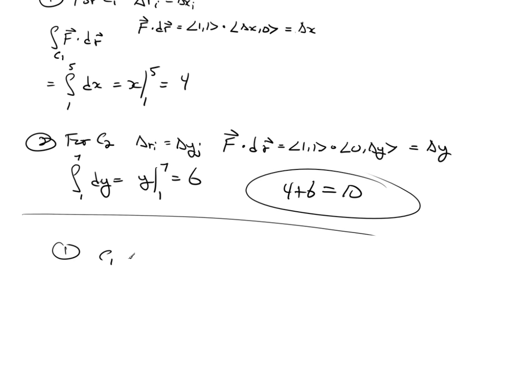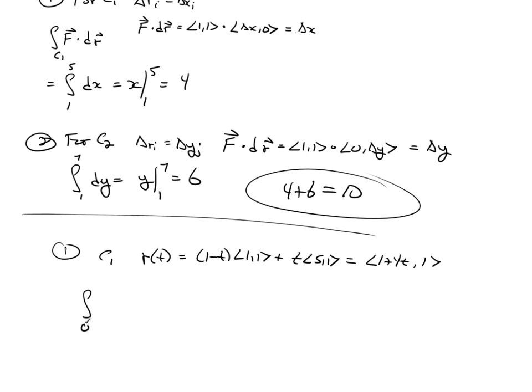So with C1, notice that r of t, I'm going to parameterize this line segment, is going to be (1 minus t) times (1, 1) plus t times (5, 1), which gives me (1 plus 4t, 1).